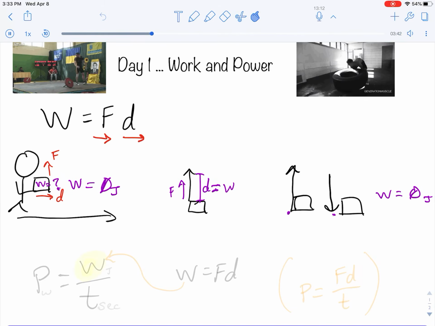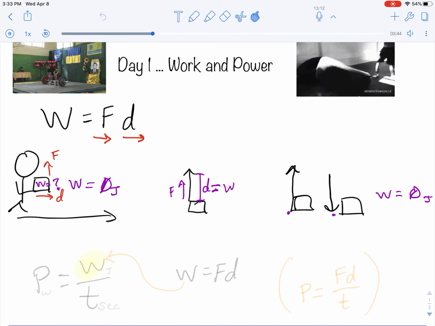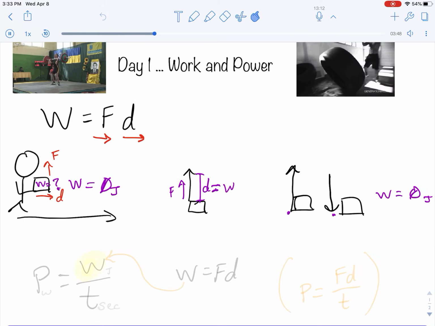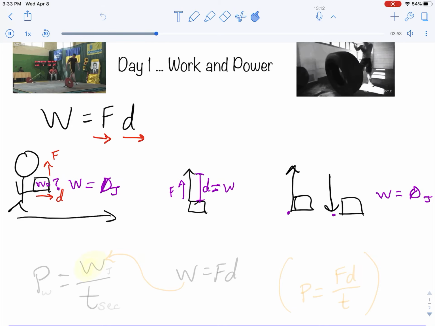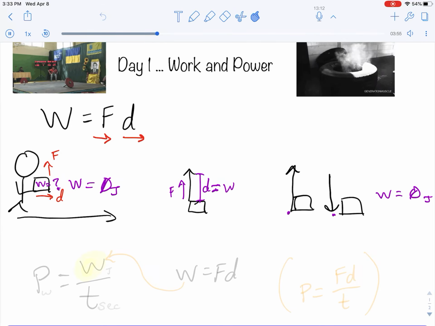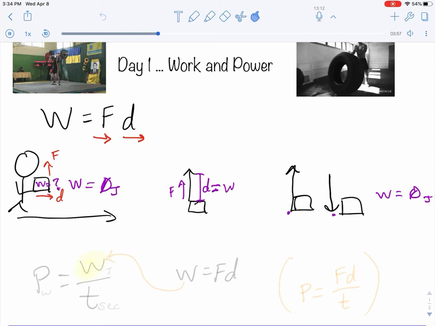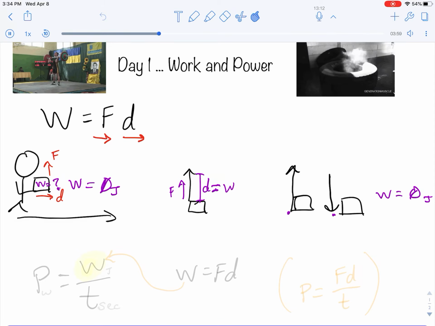So if it started on the floor and came back to the floor, then my overall total work done would be 0 because my displacement is 0. Okay, so these are some of the little things that I would normally have elaborated in class that's not on the PowerPoint. When we're talking about power is pretty straightforward.